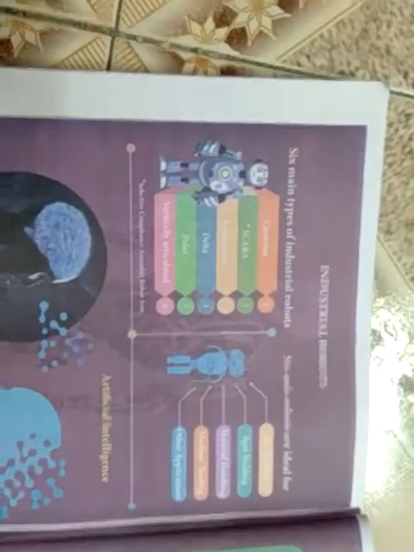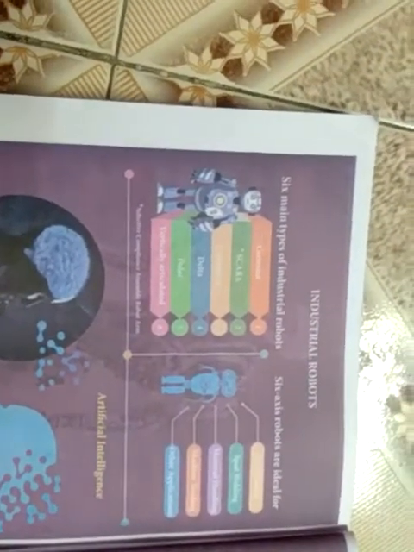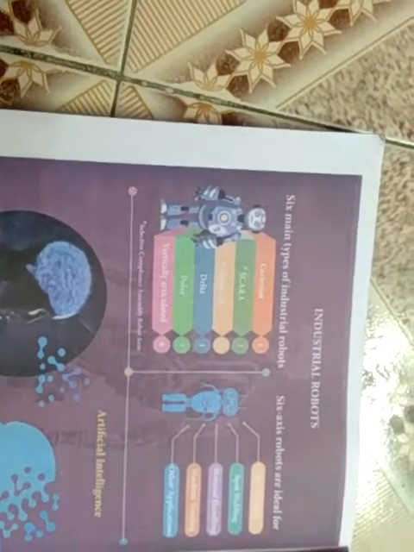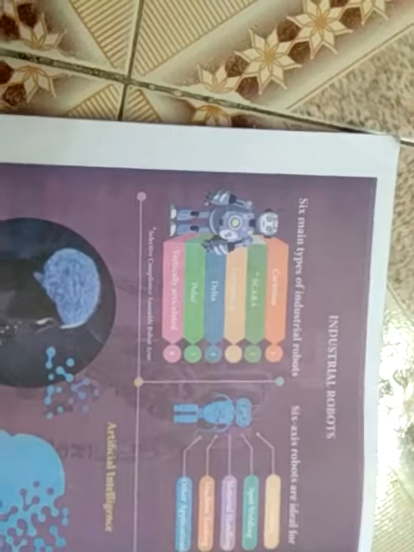Industrial robots: you see that there are 6 main types of industrial robots. Cartesian, SCARA, cylindrical, delta, polar, and vertically articulated.